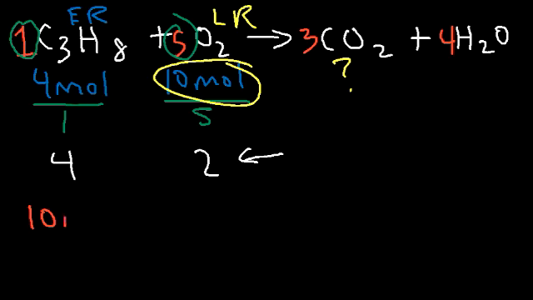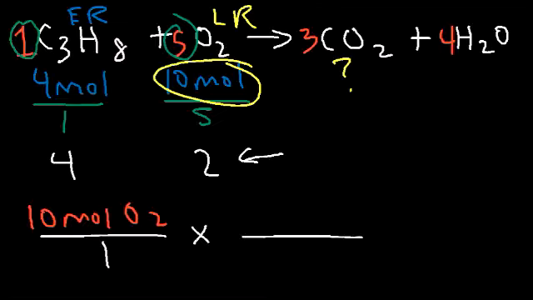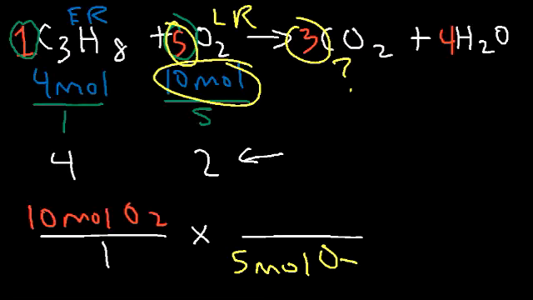So we're going to start with 10 moles of oxygen gas, and let's convert it to moles of CO2. So the molar ratio is 5 to 3. So what this means is that for every 5 moles of oxygen that reacts, 3 moles of carbon dioxide are produced. So now let's do the math.